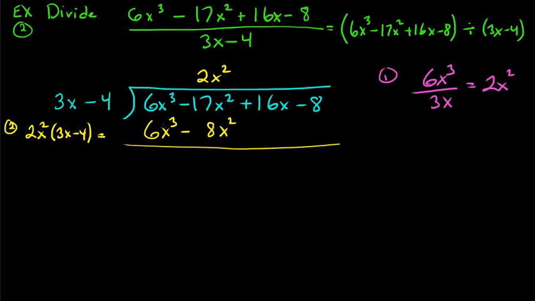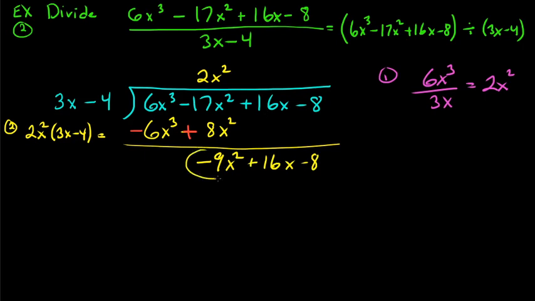And now we subtract. Or better yet, add the opposite. So flip the signs, make this a negative 6, make this a positive 8. And now this should be easier. We just get 6x cubed minus 6x cubed is 0. Negative 17x squared plus 8x squared is negative 9x squared. All right, and don't forget to bring down the 16x minus 8.